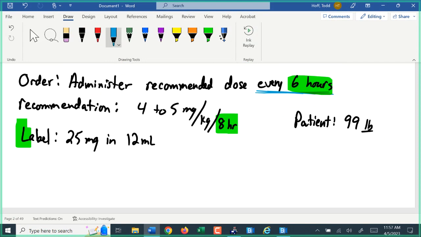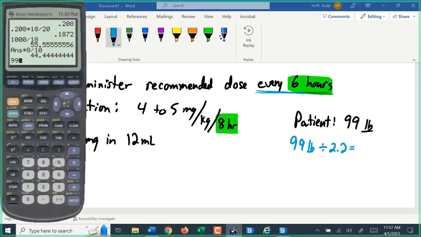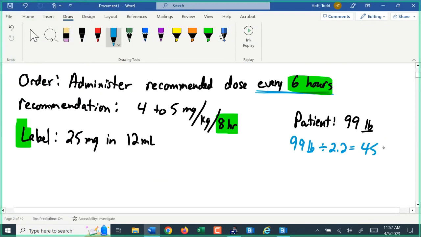So once again, we will start out with that 99-pound patient, and we'll divide by 2.2 to get kilograms, giving us 45 kilograms for our patient. So again, that's what we will use to start our dosage calculation.